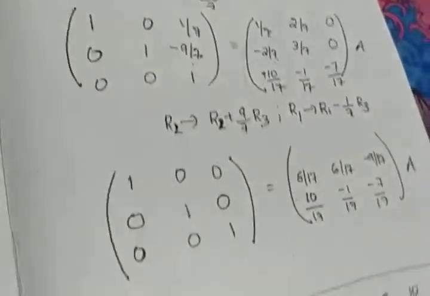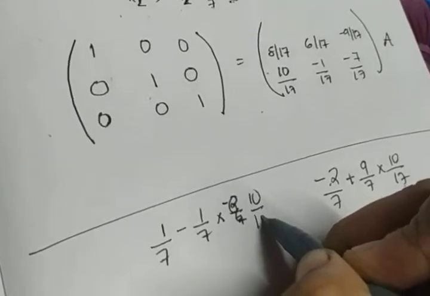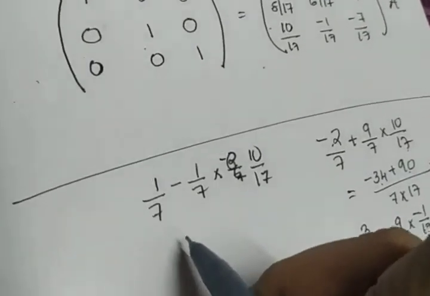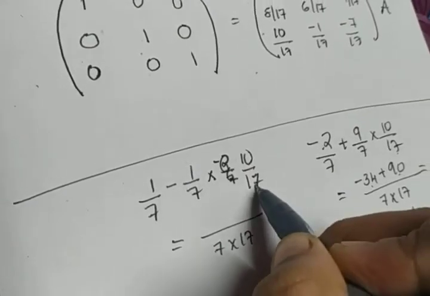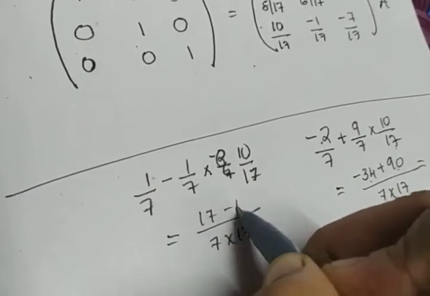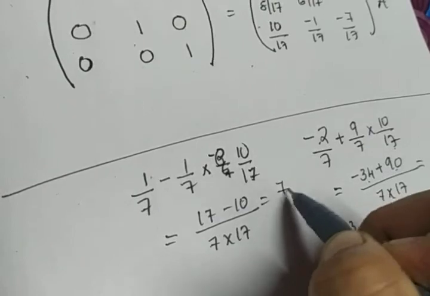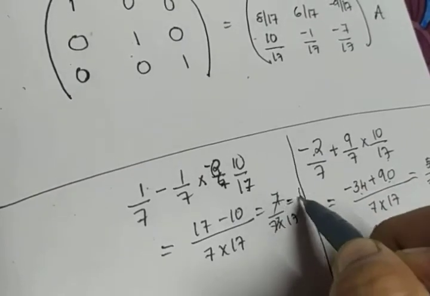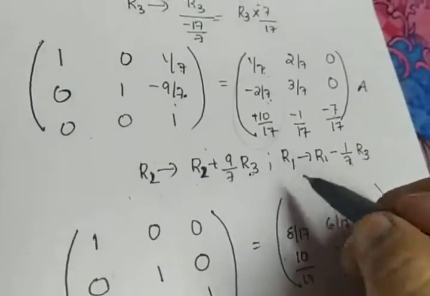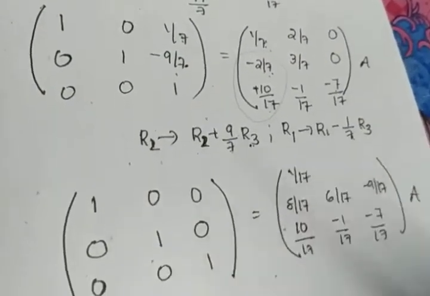Sorry, we have to take R3, I took R2. So again the LCM is 7 into 17. 17 into 1 is 17, minus 10, so we are getting 7 by 7 into 17. That gets cancelled, giving you 1 by 17. So the first term is 1 by 17.